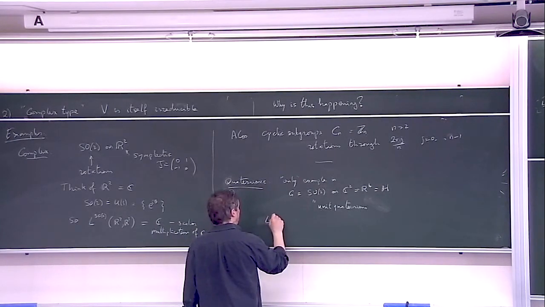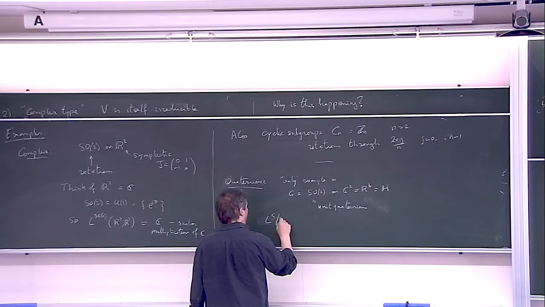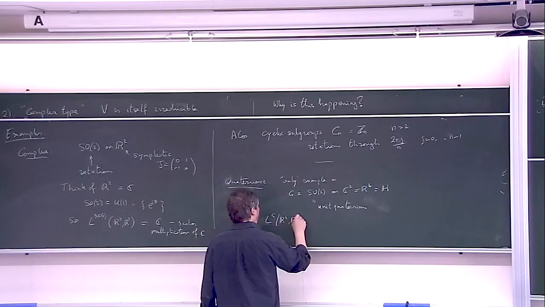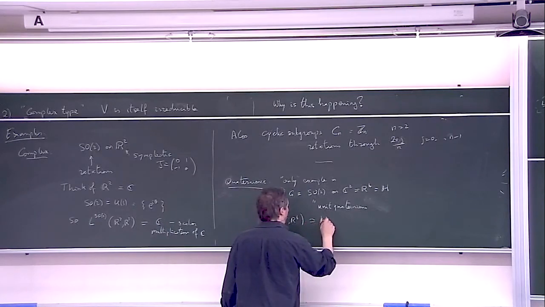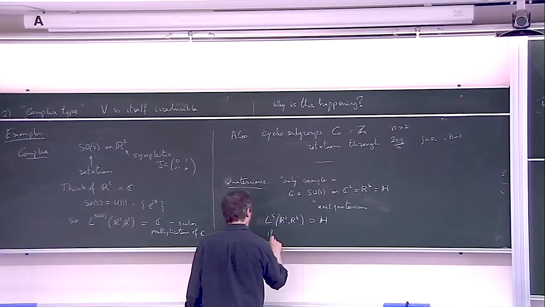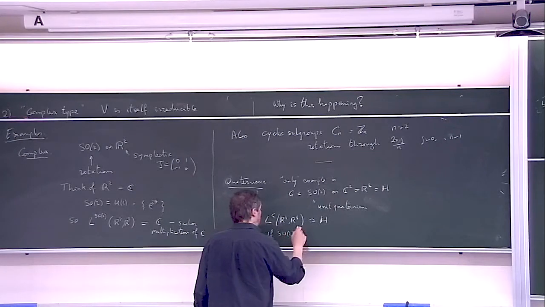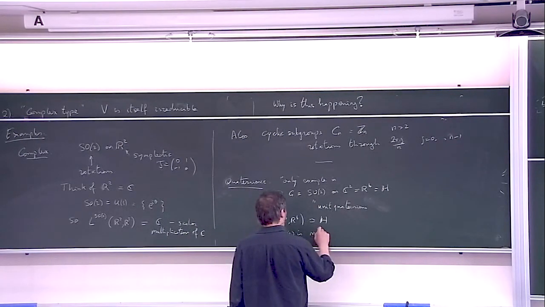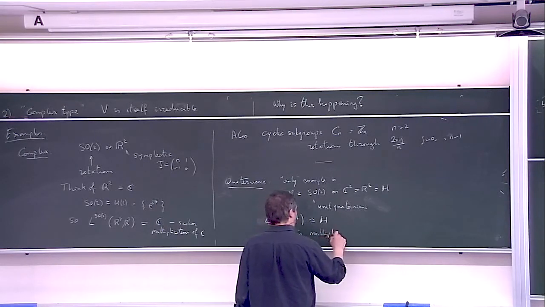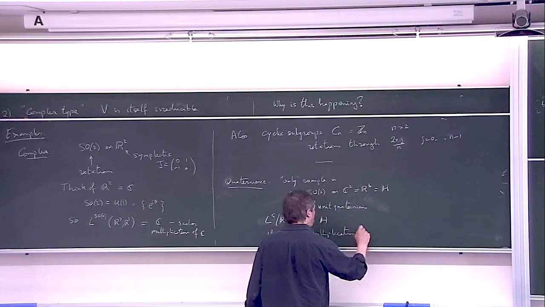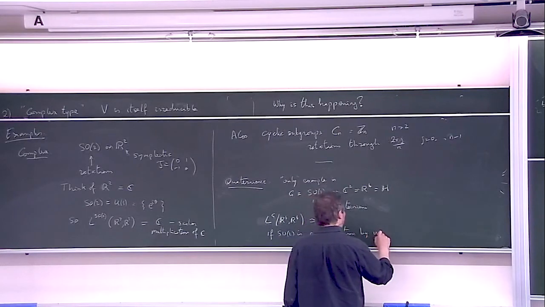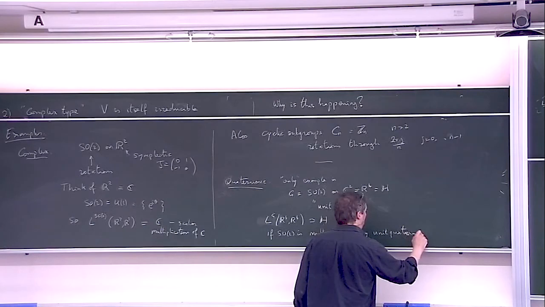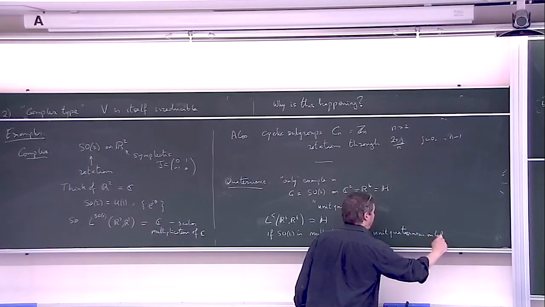Set of linear maps. So if we take an element of SU2, it is multiplication by a unit quaternion on the left.